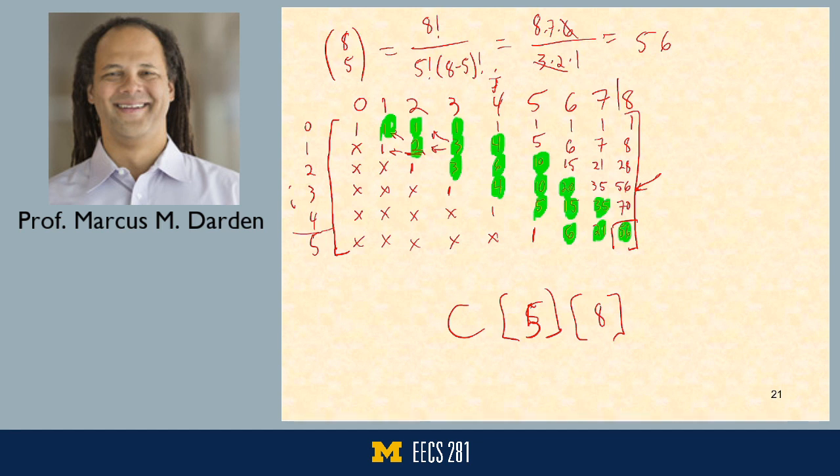So this is what I'm talking about when I say that in the top-down approach, we don't necessarily calculate all the values. Because in top-down, I would say, well, let's start by getting this 8 choose 5. Well, what do I need for 8 choose 5? I just need these 2. What do I need for these 2? I just need these 3. And for these 3, I only need these 3. And for these 3, I only need these 3. So if I had gone top down, it would have calculated me through this green path. The bottom up, as it's written, calculated all of the red numbers.